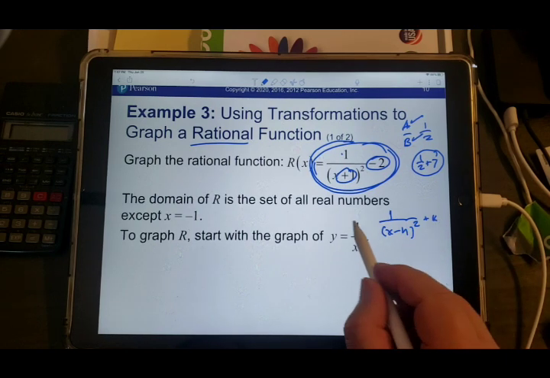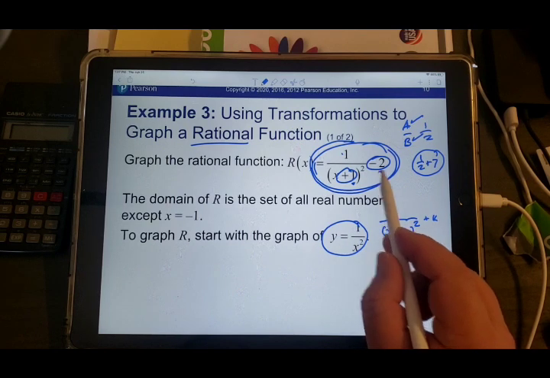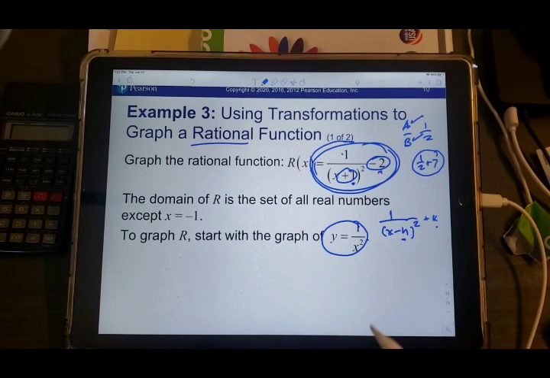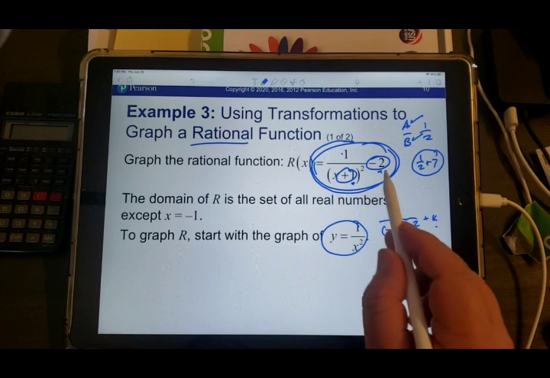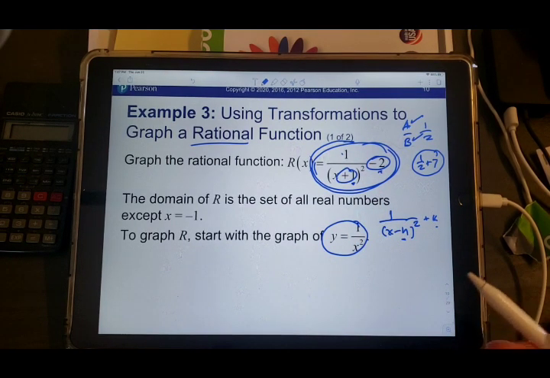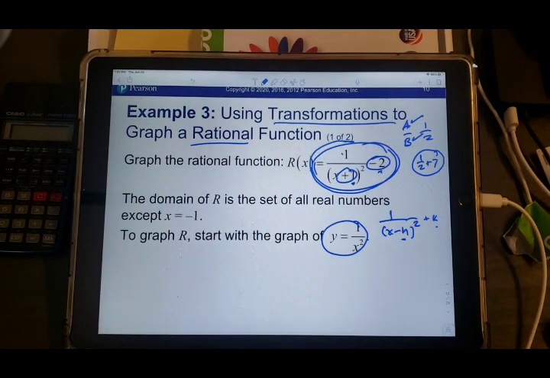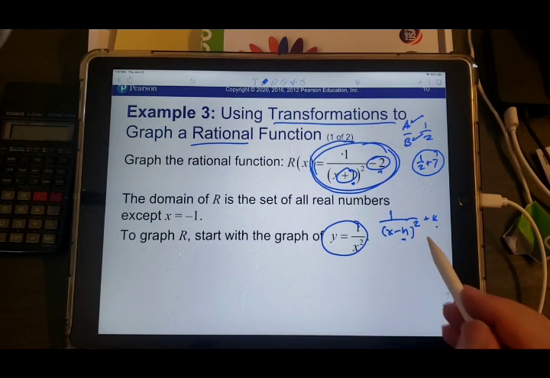All I did was take my original graph and replace h and k with these numbers here. Review the idea of translating functions in transformations if you're not sure what I'm doing here.